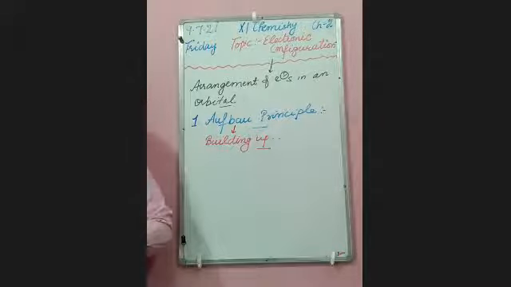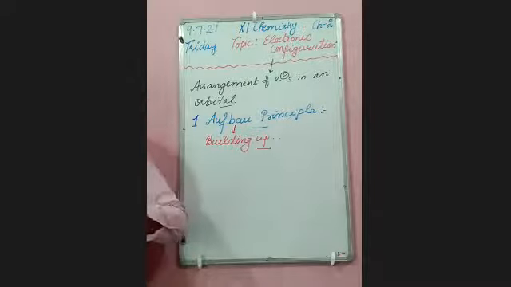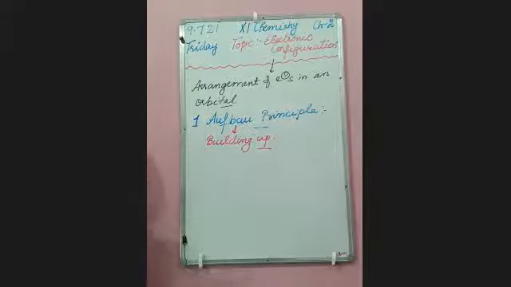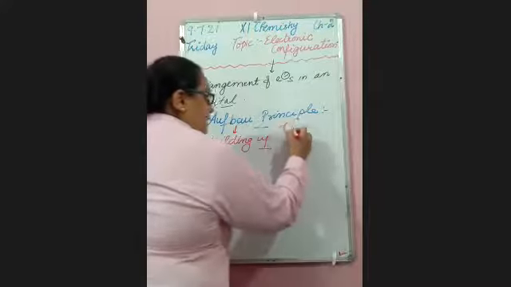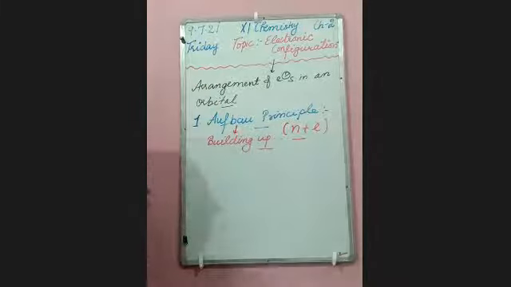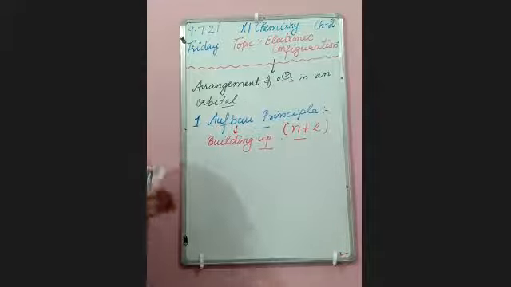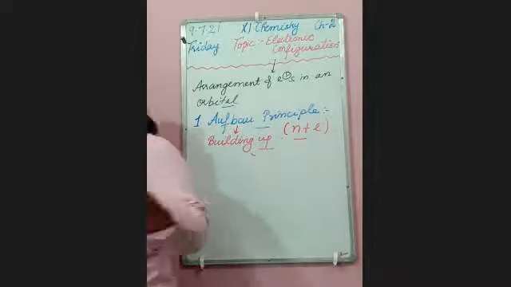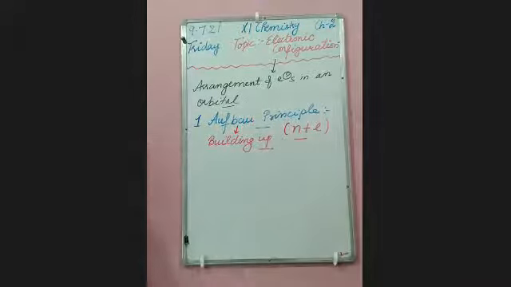That in the ground state of an atom, the orbitals are filled in order of their increasing energies. This rule is also known as the N plus L rule. The orbitals which are lower in energy are filled first, and the orbitals which are higher in energy are filled after the lower energy orbitals.